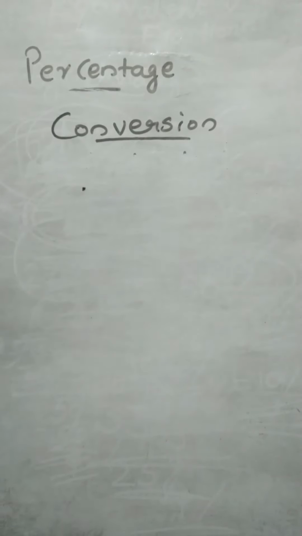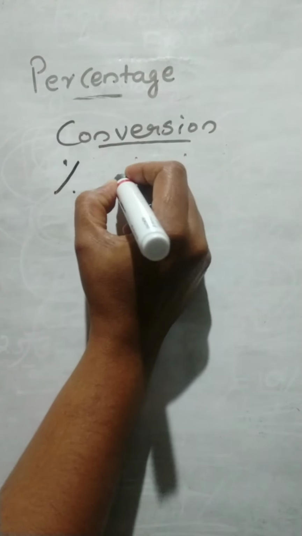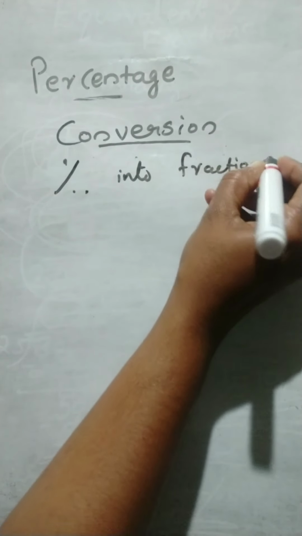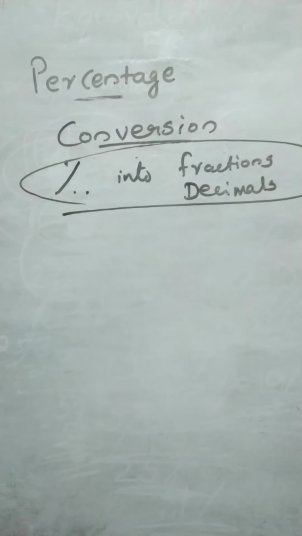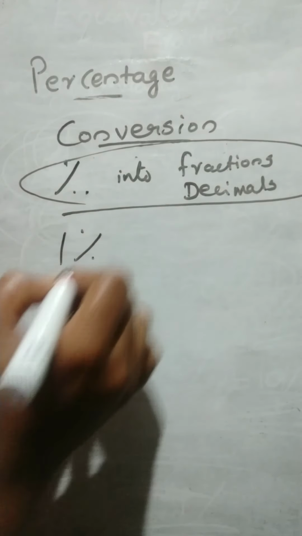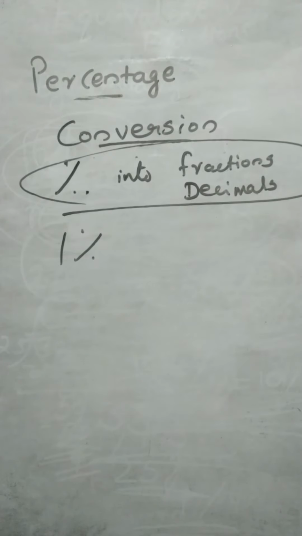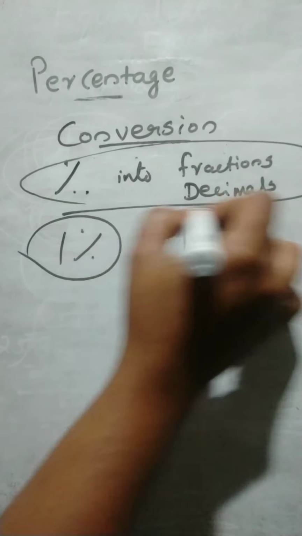Then we can study how can we convert percentages into fractions and decimal fractions. Okay, how can we do this? Example, 1% is a percentage form, no? Is in percentage form. So, what is meant by 1%? That is 1 on 100. This is the fraction form.